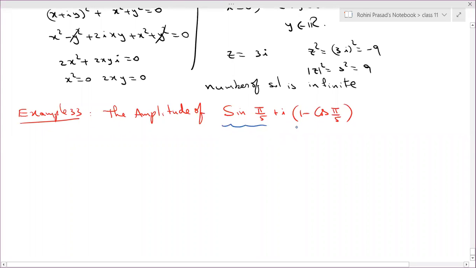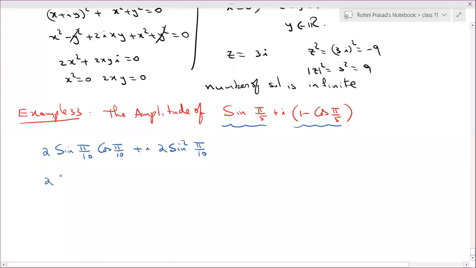To get the amplitude of this complex number, you need to convert this into a plus ib form. For that, you have different ways of doing it. You can write sine pi by 5 as 2 sine pi by 10 cos pi by 10, using the formula sine a equals 2 sine a by 2 cos a by 2. And 1 minus cos a is 2 sine square pi by 10.